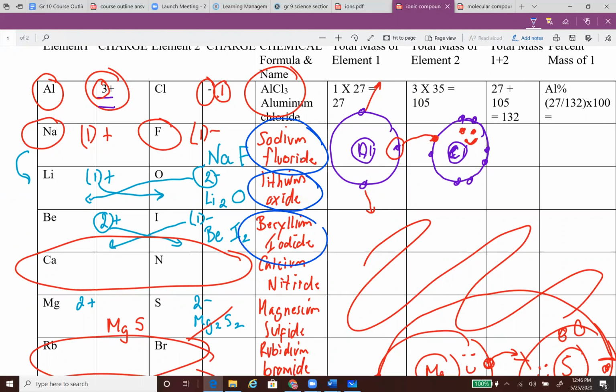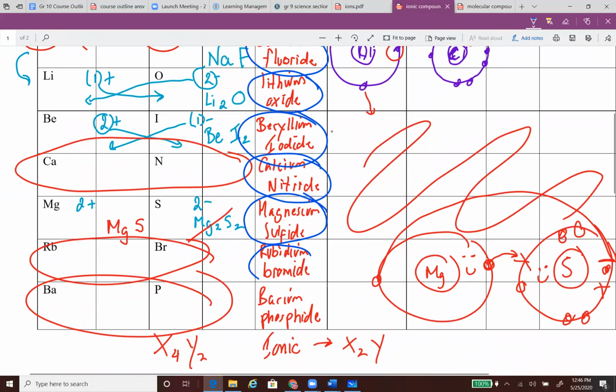When we write an ionic compound, you always put the metal first, and then the non-metal second. So the compound always starts with the name of the metal, which doesn't change, but ends with the name of the non-metal, which changes to an IDE ending.